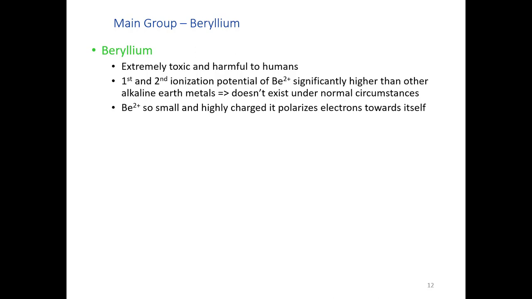This is because beryllium in the +2 oxidation state is so small and charge dense that it polarizes electron density towards itself. A consequence of this is that beryllium forms more covalent species than ionic species.